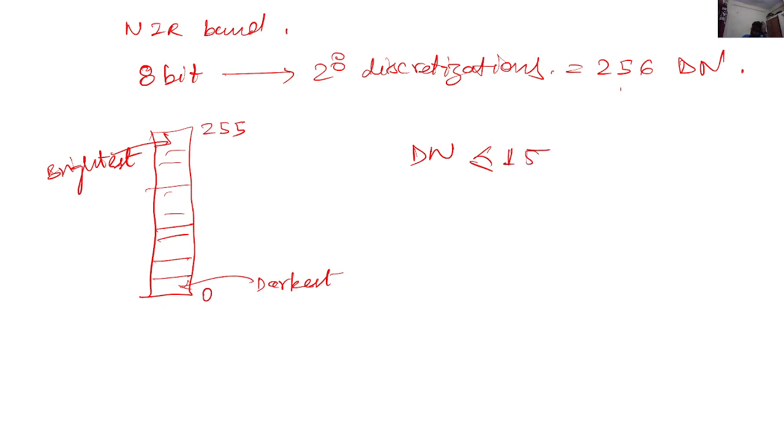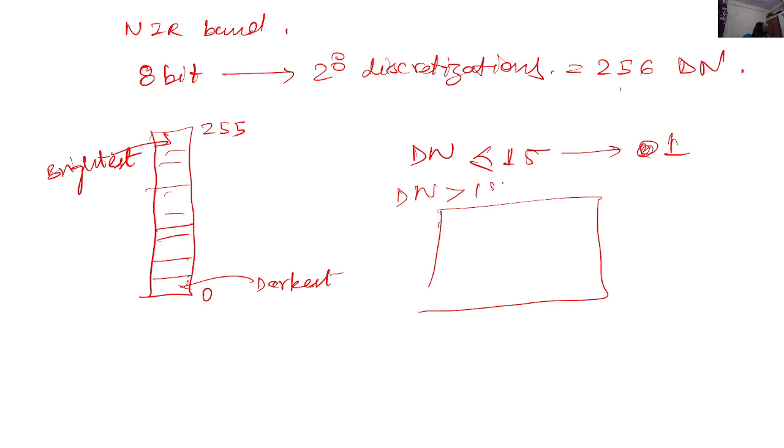You set that to 1, and whatever DNs are greater than 15, you set them to 0. So what will you get? All the pixels which are anything apart from water would turn dark.